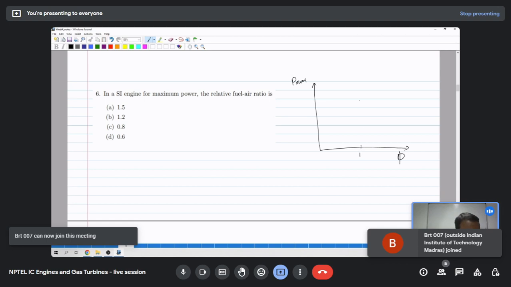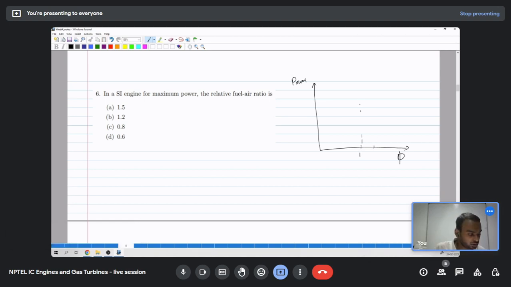So one is stoichiometric, and say 1.2 is richer. Somewhere it peaks here, somewhere around 1.2 the power is maximum, and then it drops even if you go further richer or leaner. So for an SI engine, maximum power is obtained when the relative air fuel ratio is 1.2.